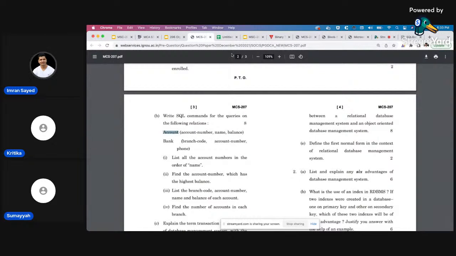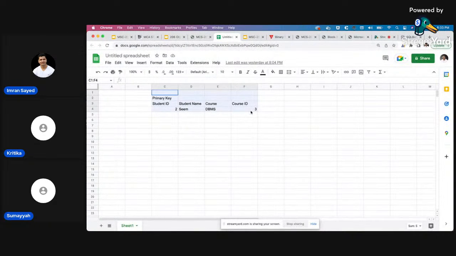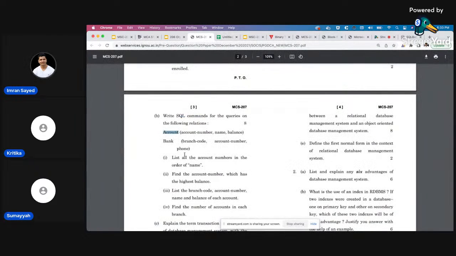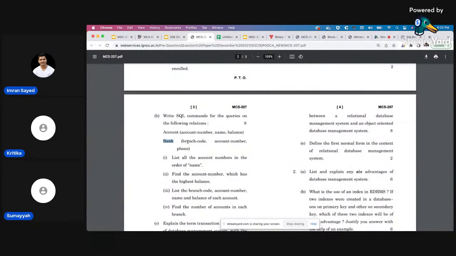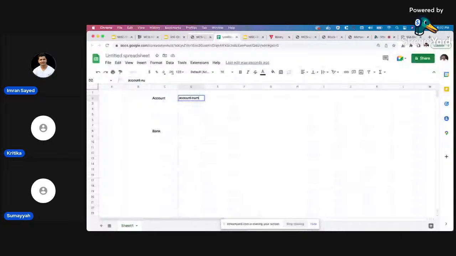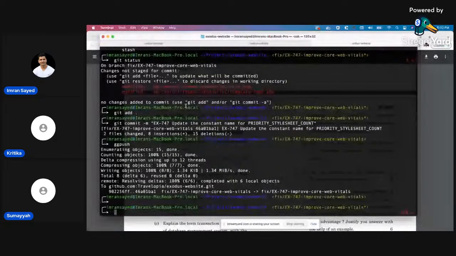So there are two tables: account, and then there is bank. This has branch code, account number, and phone number. Sorry, account number and name and balance. Account number, name, balance, and this has. I should put it here.